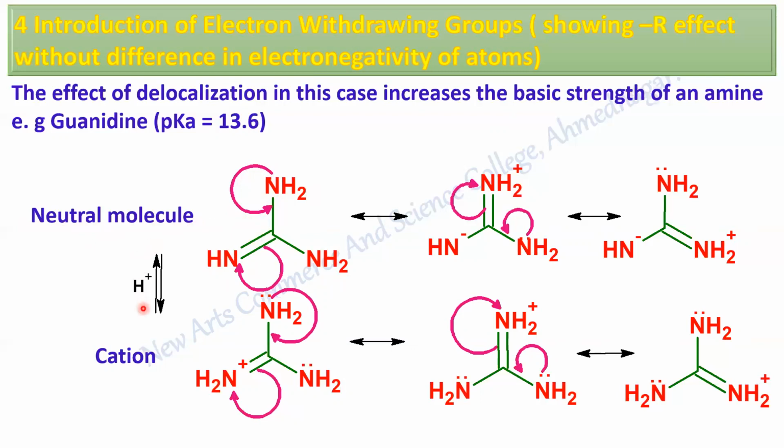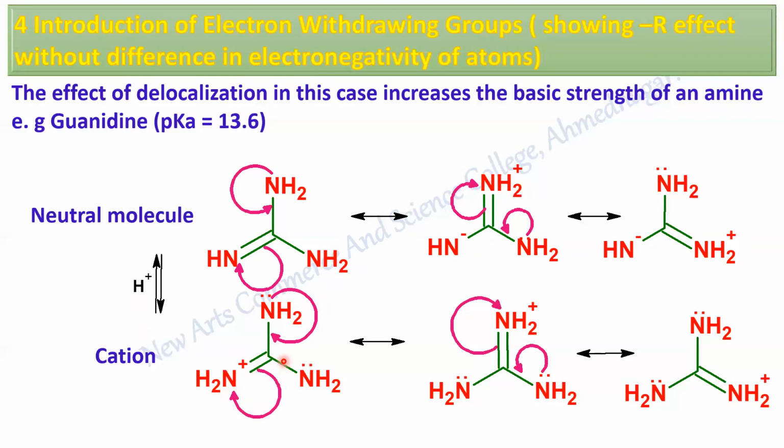But as soon as it accepts the proton from the solvent, it is converted to a cation. So this is a cation. How does the cation get stabilized? By the resonance effect. You can see the nitrogen electron pair shifted towards this, and the positive charge generated on this nitrogen after the abstraction of proton from the solvent is neutralized due to this type of resonance.